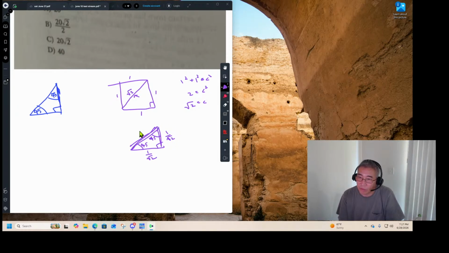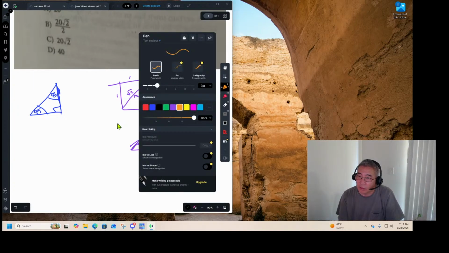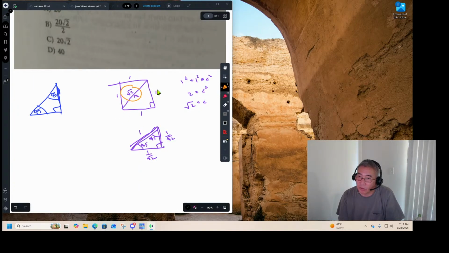So the hypotenuse would be the square root of 1, which is just 1. These are the two most popular combinations. You have square root of 2 here, 1 here, 1 here. That's a 45, 45, 90 triangle. You have 1 on the hypotenuse and 1 over square root of 2 on each leg.